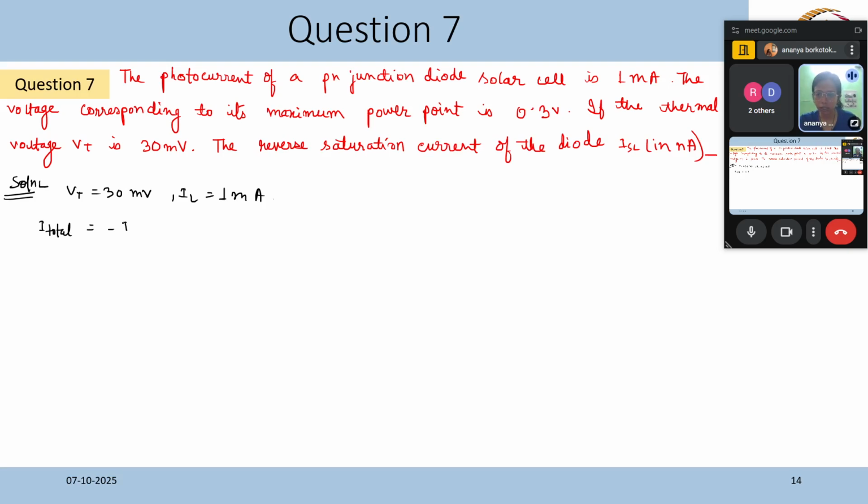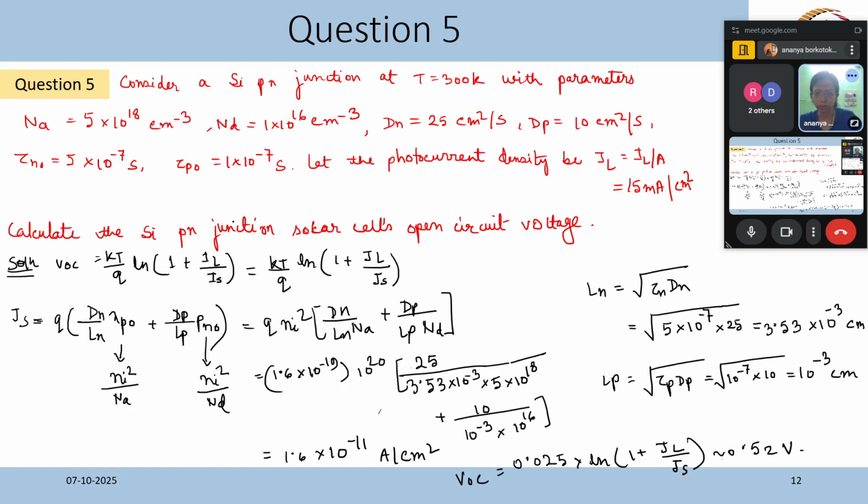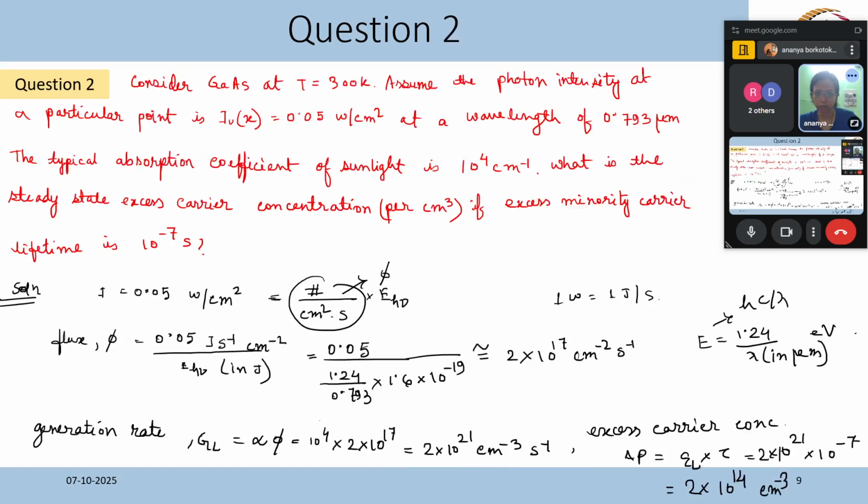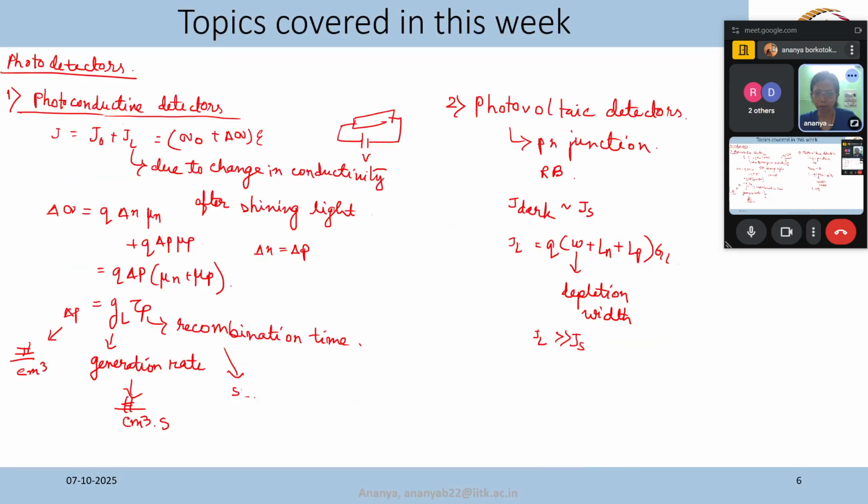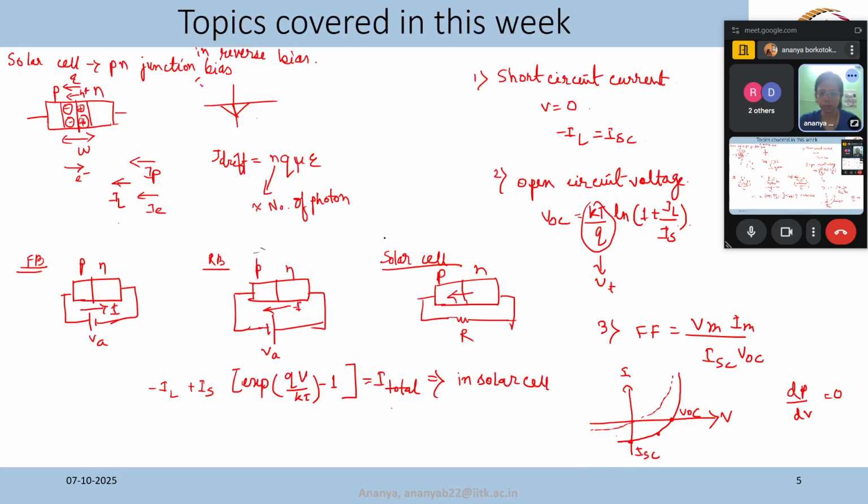You have this expression: IL, whatever the photocurrent, will be in the reverse direction with respect to the normal diode current, right? So this is IS exponential QV by KT minus 1, and KT by Q is our thermal voltage, right?